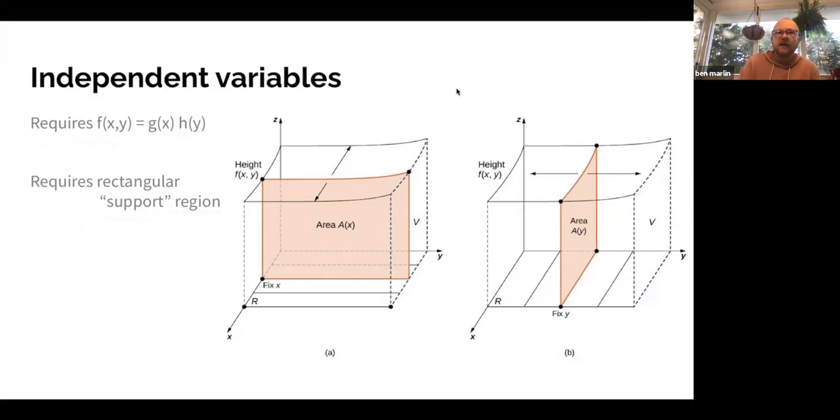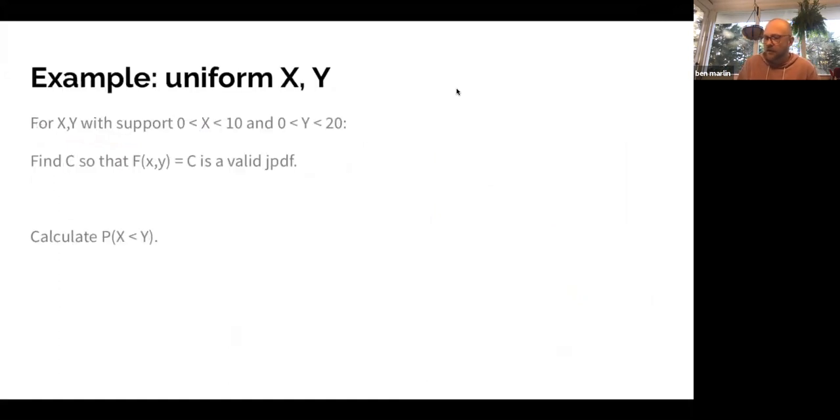Okay. All right. So quick example here, we're going to have a joint uniform distribution for the X's and the Y's. The support on this, we're going to have the X's go from 0 to 10 and the Y's go from 0 to 20.